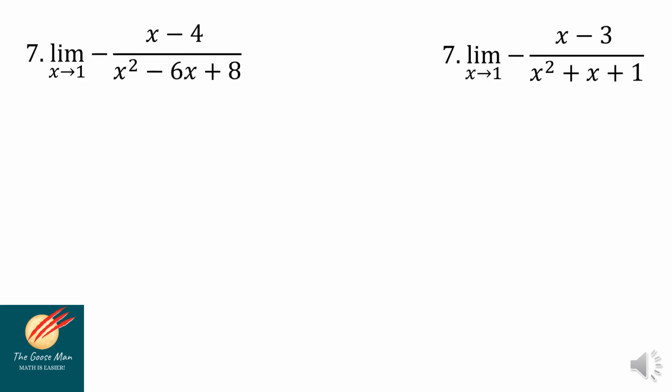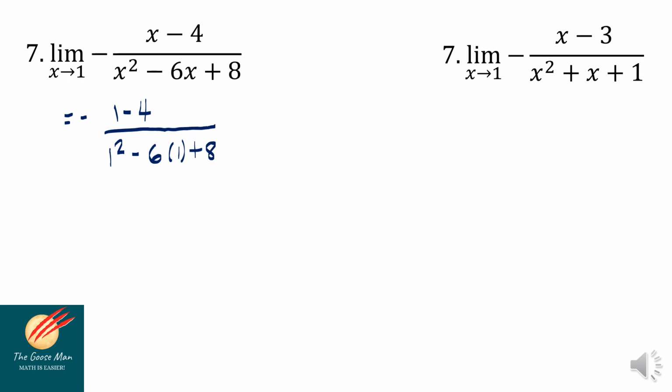Let's move on to number 7. We have the limit of negative x minus 4 all over x squared minus 6x plus 8. Again, we will use the direct substitution, so we can have negative 1 minus 4 all over 1 squared minus 6 times 1 plus 8.